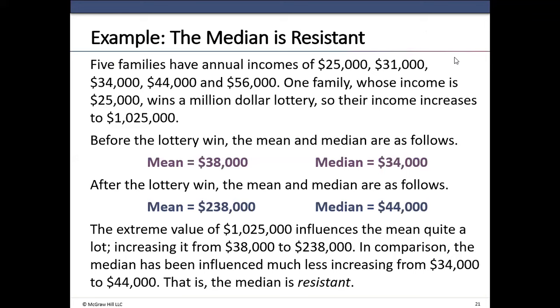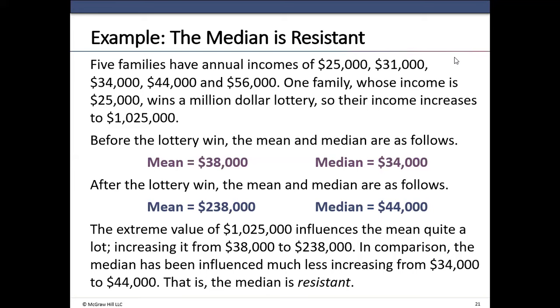So their income increases to 1,025,000. Look at the mean and the median before they win the lottery. The mean of the first five numbers is 38,000 and the median is 34,000.